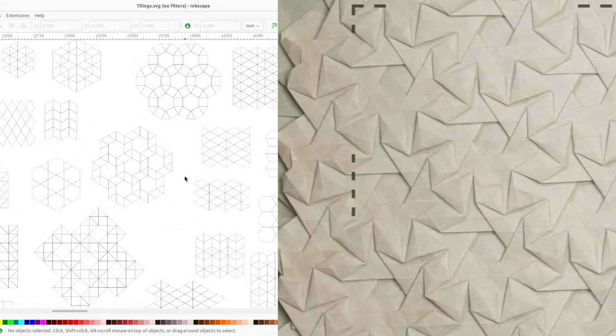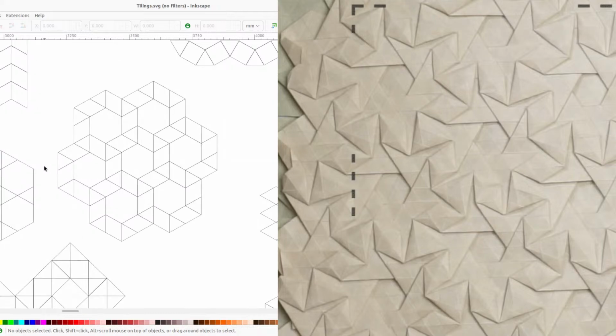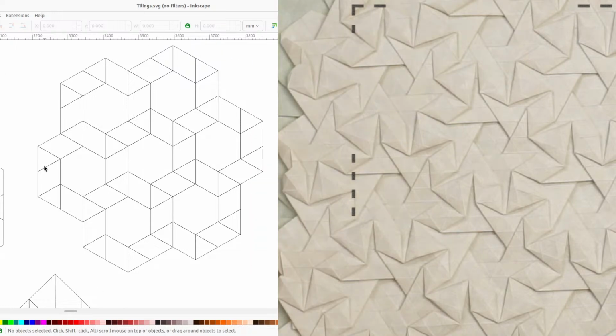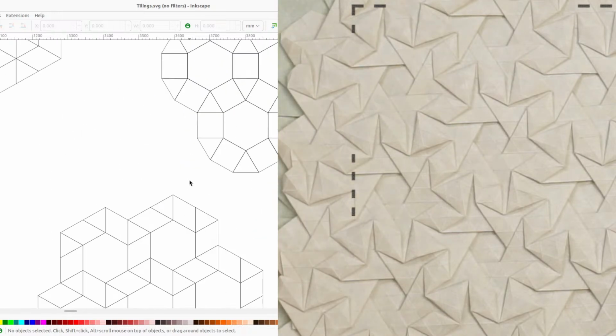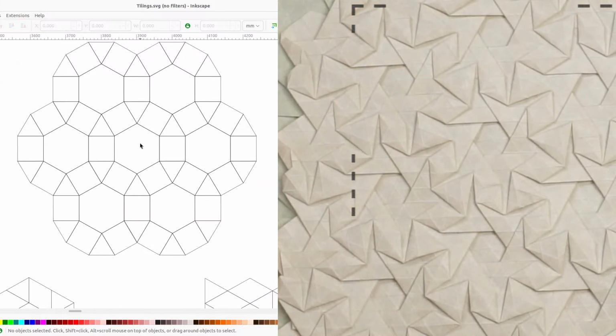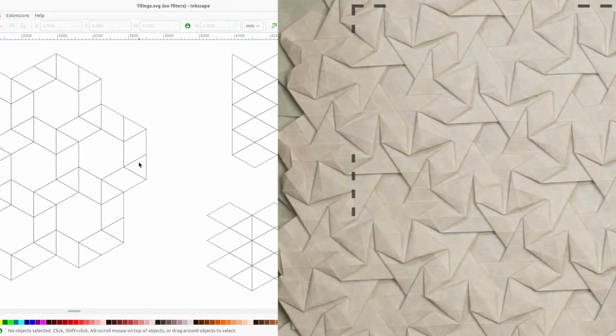And in this particular tiling, I'll zoom all the way in. It's actually a variant of a well-known mathematical structure, the 6-4-3-4 uniform tiling, except instead of squares, we use rhombi.